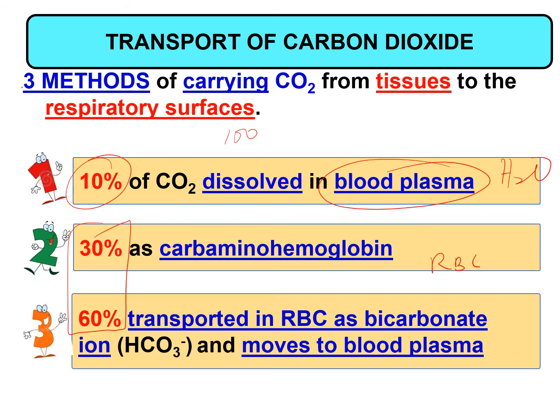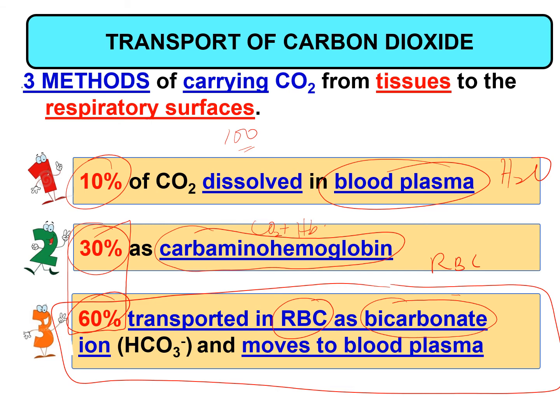Out of the 100, 30% will bind to the hemoglobin in the erythrocyte to form carbaminohemoglobin. While 60%, you have to memorize the percentage, will enter the RBC and then be transported in the form of bicarbonate. We will explain this in detail.